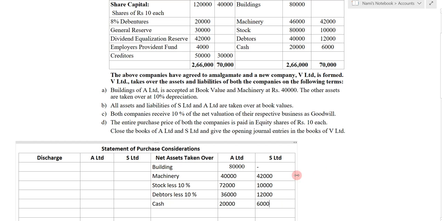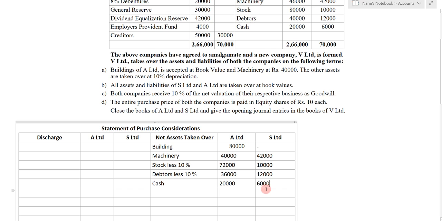Okay. Now total all these assets. Assets of S Limited total we get 70,000, and assets of A Limited we get 2,48,000. Okay, so now we got the total of assets of S Limited and total of assets of A Limited.